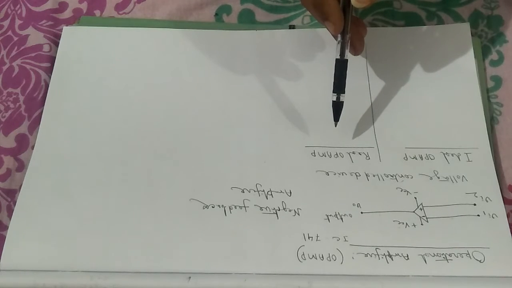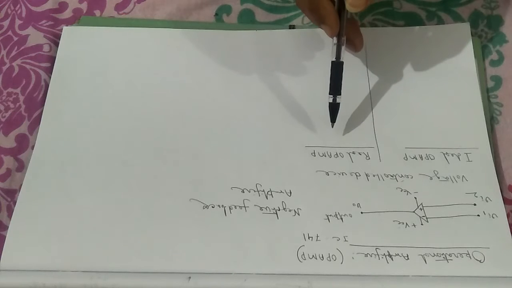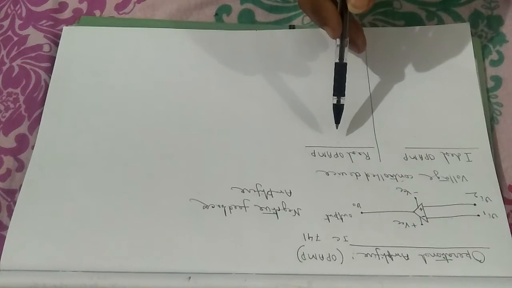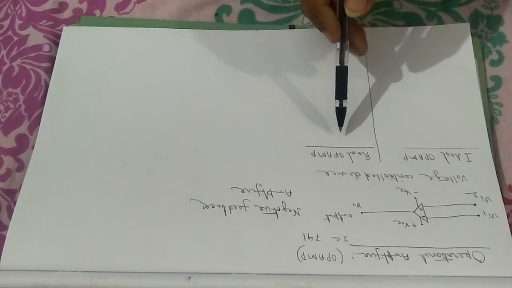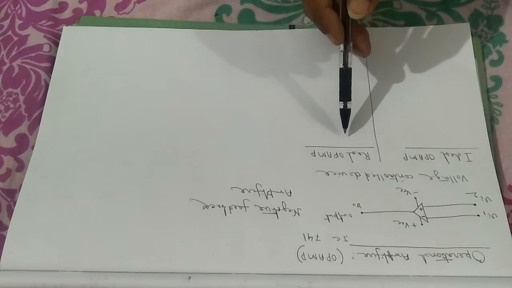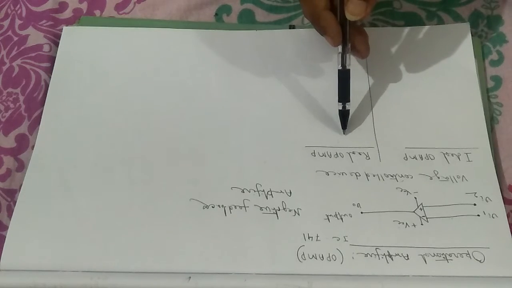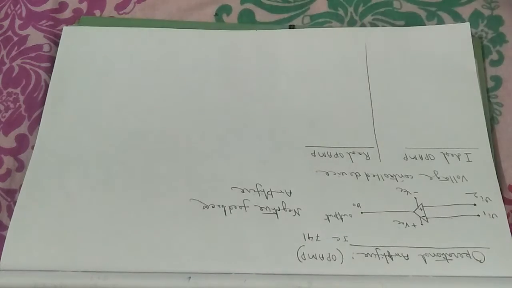The actual values are like that. The input impedance is high for real op-amp, of the order of 50 kilo ohm. The output resistance is very low for real op-amp, of the order of 0.75 ohm. The bandwidth is very high, of the order of 90 kilohertz. And the input bias current is not 0, but very small, of the order of 10 milliampere or something. I have only gone through this, but you can jot down these characteristics in your copy after looking at any book.